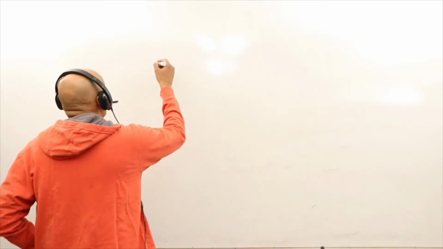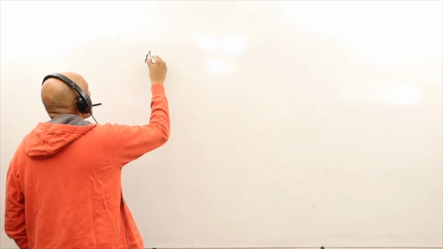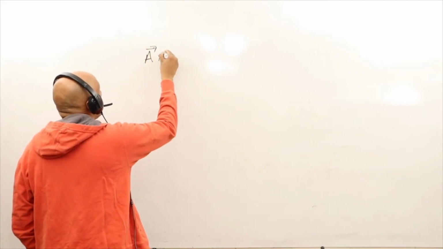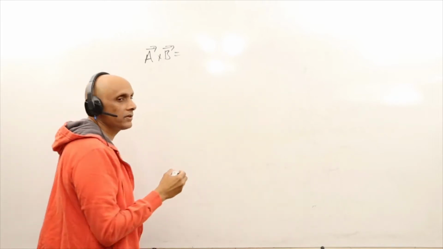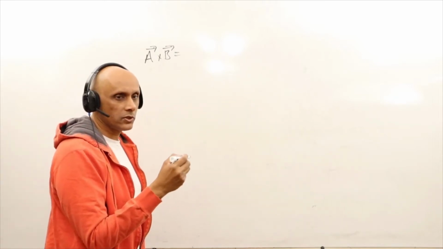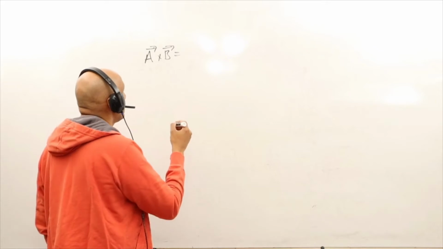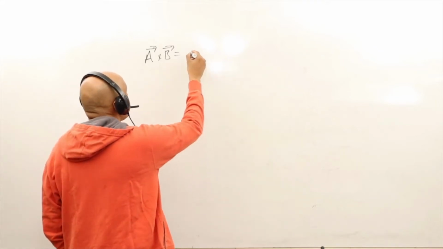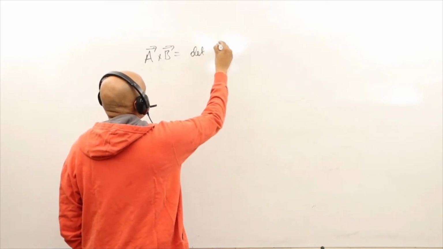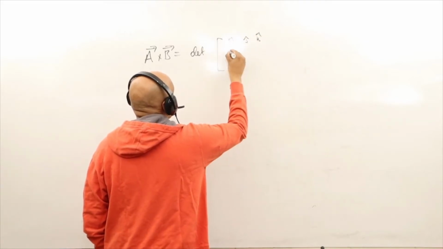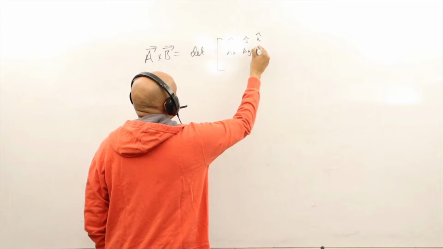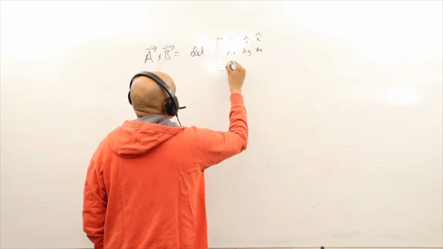So the basic idea that you have to know is that a vector cross product is a mathematical definition. So A cross B, and if you remember, there are two definitions we could write. One is with the determinant of i, j, k and the components of our vectors.